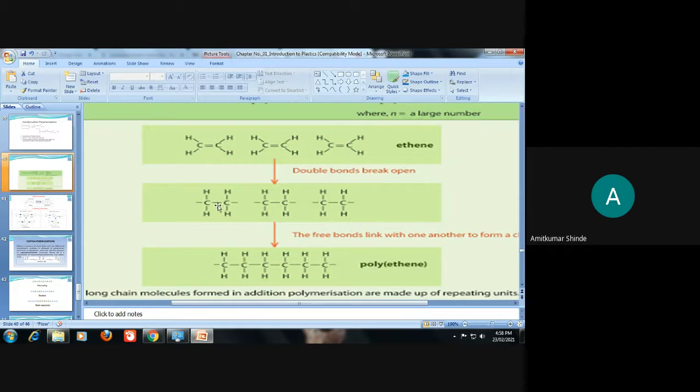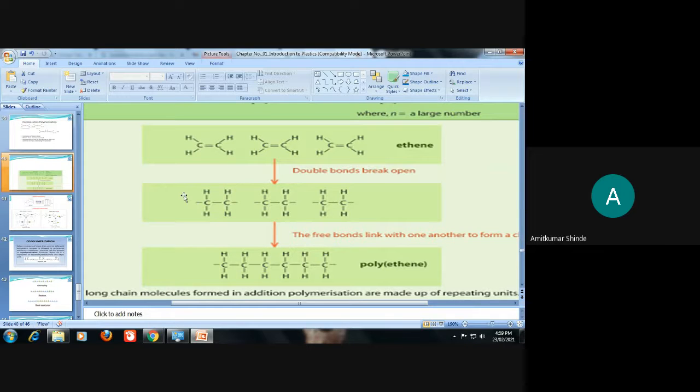In the ethene molecule the double bond is present, and that double bond breaks. Now only a single bond is here, and no atom is attached at the free position. In other words, the breakage of the weaker bond, the pi bond, is termed as the initiation.